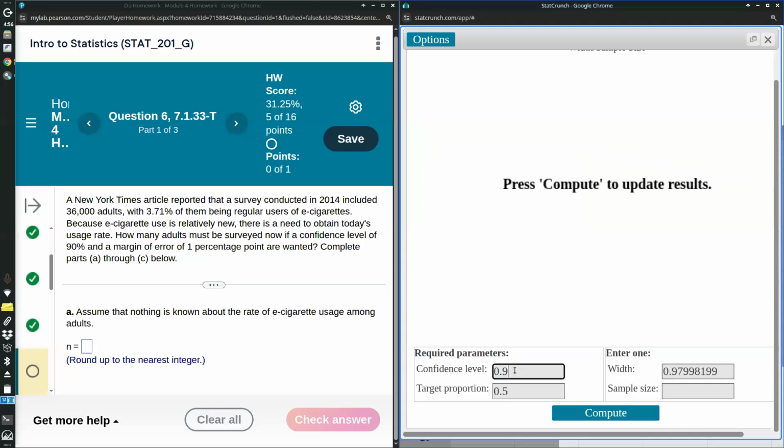So we know the confidence level should be 0.9. And a margin of error of 1. So if the margin of error is 1, then the width should be, so you have the margin of error on either side, right? Because this is a two-tailed thing. So I think that the width should be 0.98, which it's already pretty close to. And if nothing is known about the rate of e-cigarette usage, I think we just leave that at 50%. That's the target proportion.